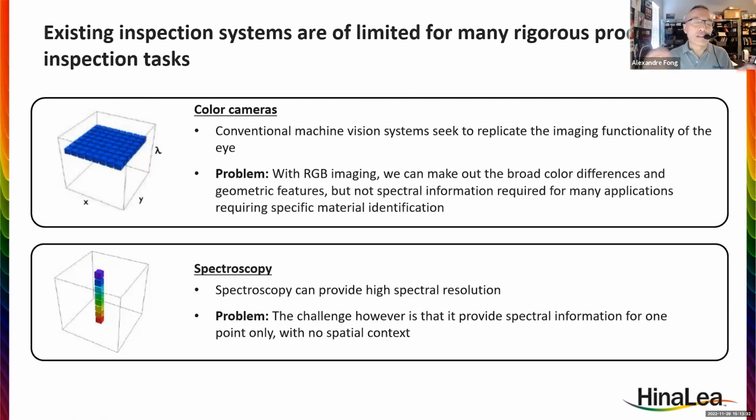They essentially divide up the colors of the world into red, green, and blue. You can make out broad color differences just like the eye can, geometric features, morphology, but you can't get spectral information. Now, with spectrometers, you can definitely get the spectral information, but only for a point at a time in the entire context of a scene or from a sample.